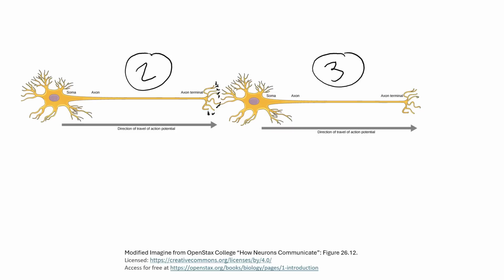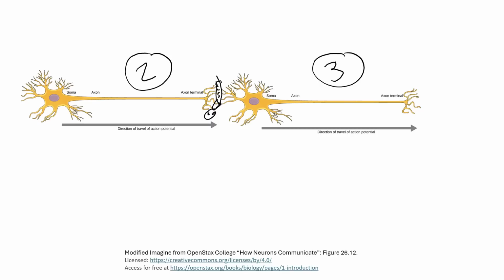Those neurotransmitters are now going to be floating around within the synaptic cleft, which is the space that exists between the axon terminal buttons and usually the dendrites of another neuron, what would be called the postsynaptic neuron, in our case, neuron number 3.